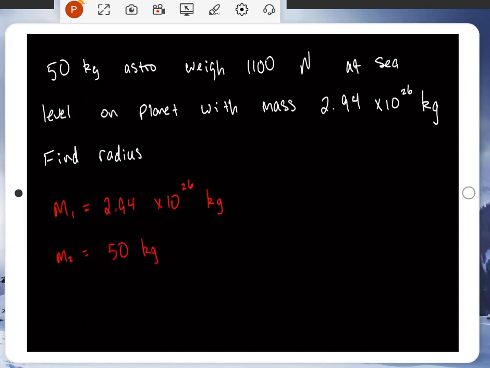So good. Yes. G is 6.67 times 10 to the negative 11th. And then FG is 1100 newtons.